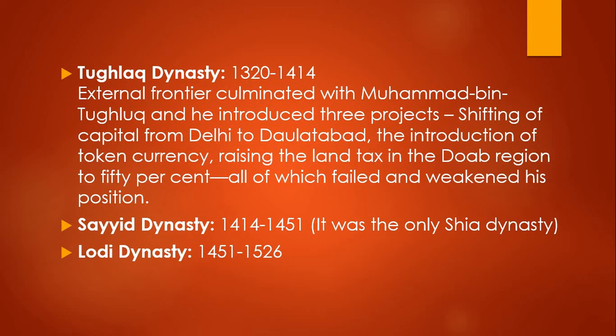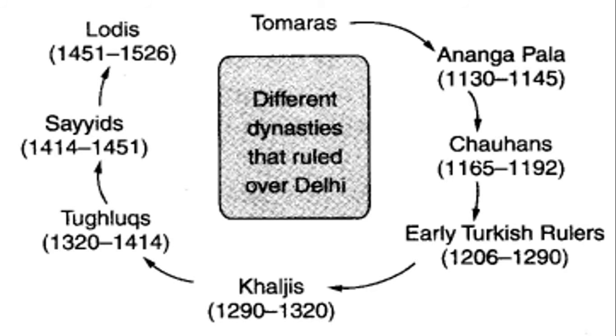Ibrahim Lodi was the last ruler, and in 1526, Ibrahim Lodi was defeated by Babur, grandfather of Akbar and father of Humayun. And from 1526 onwards, Mughal Empire ruled in India. So with Lodi dynasty, the Delhi Sultanate comes to an end.